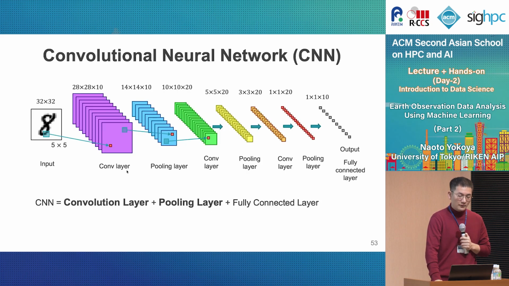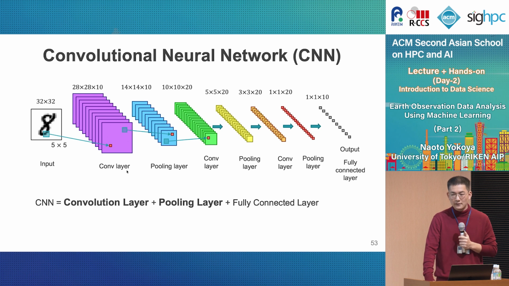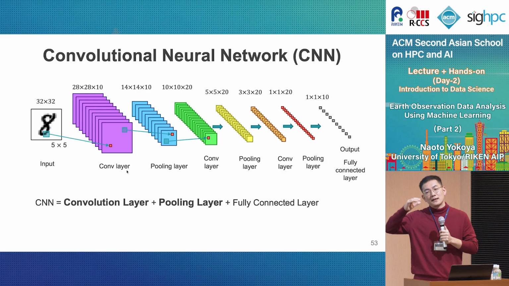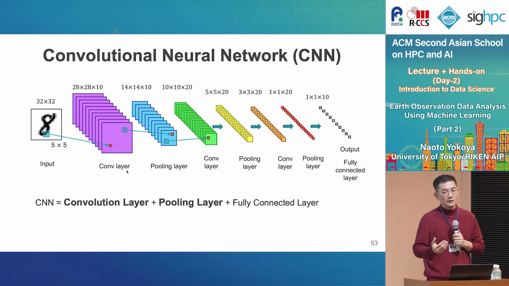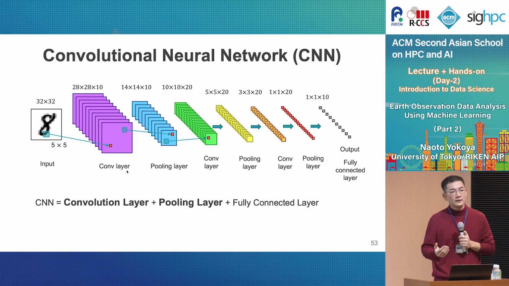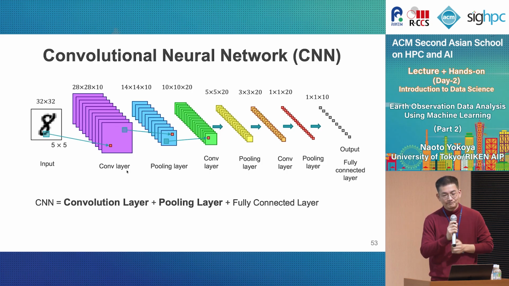So, convolutional neural network. This is a very famous one in the last 15 years, let's say. So basically, the entire process is similar to what we have already seen for the fully connected neural network. But the weights are spatial kernels, okay?